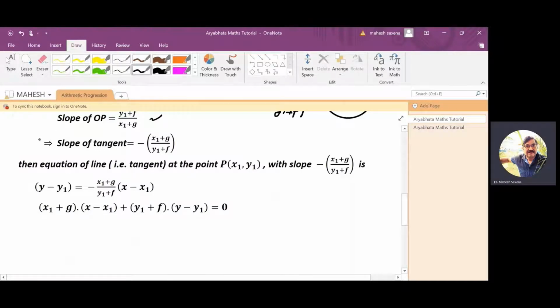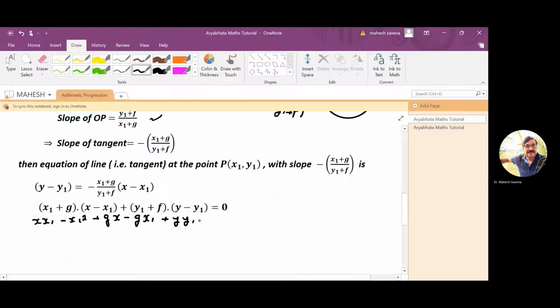Now after multiplying these two, we will get x1 x minus x1 square plus gx minus gx1. Similarly, this will be y1 y minus y1 square plus fy minus fy1 is equal to 0.